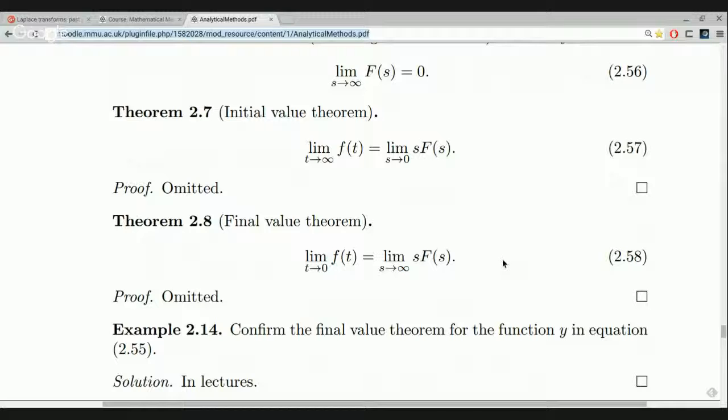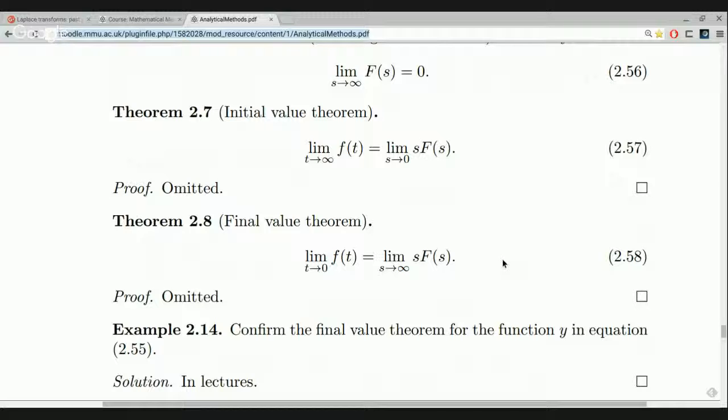Okay. So that was the final value theorem. The final value theorem holds here.